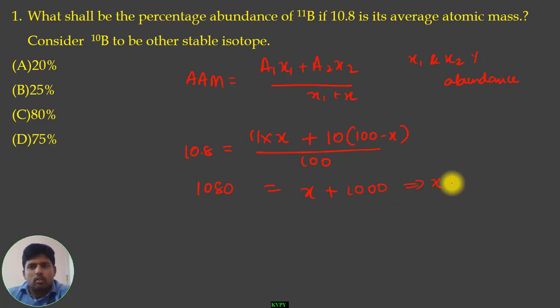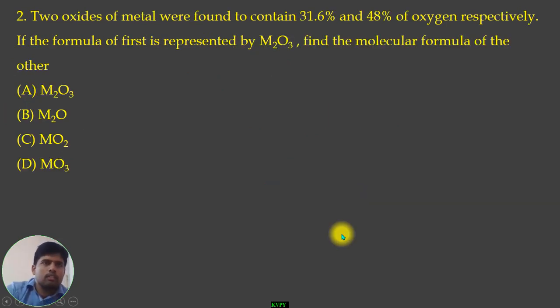So that gives x equal to 80. So that's option C. Let us move on to the next question.